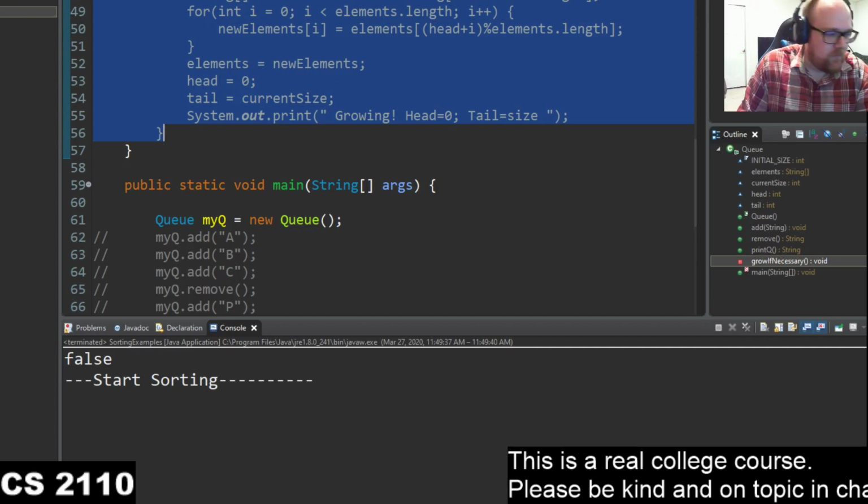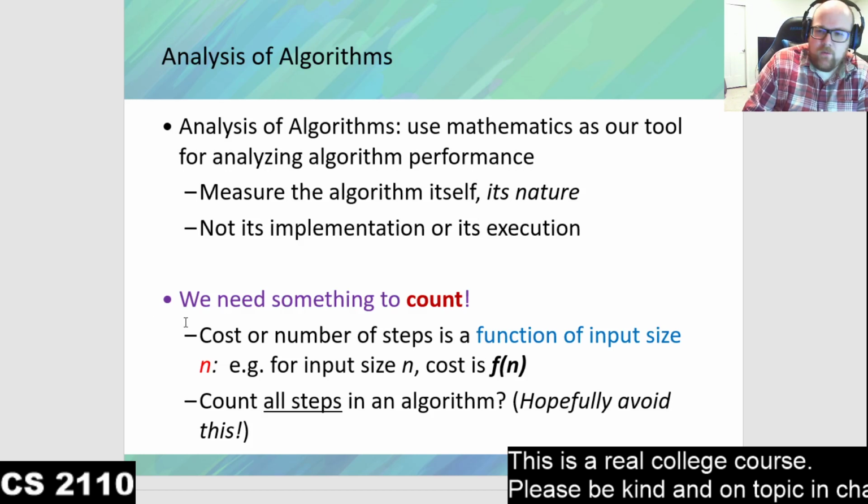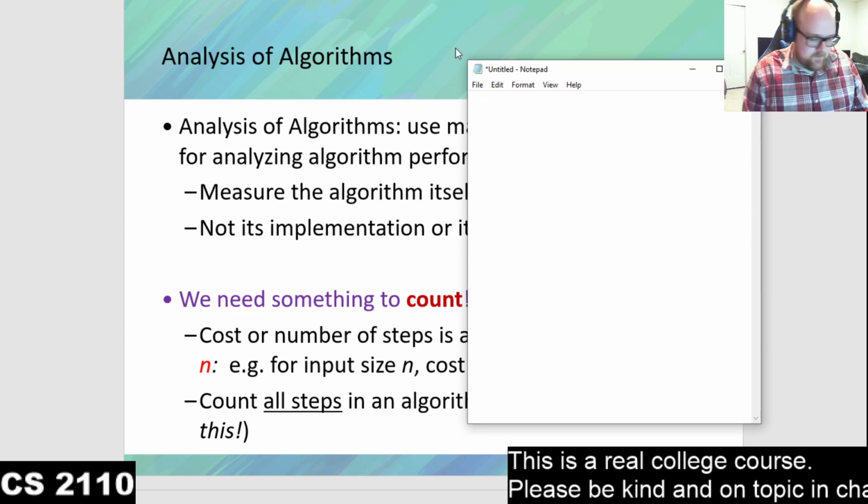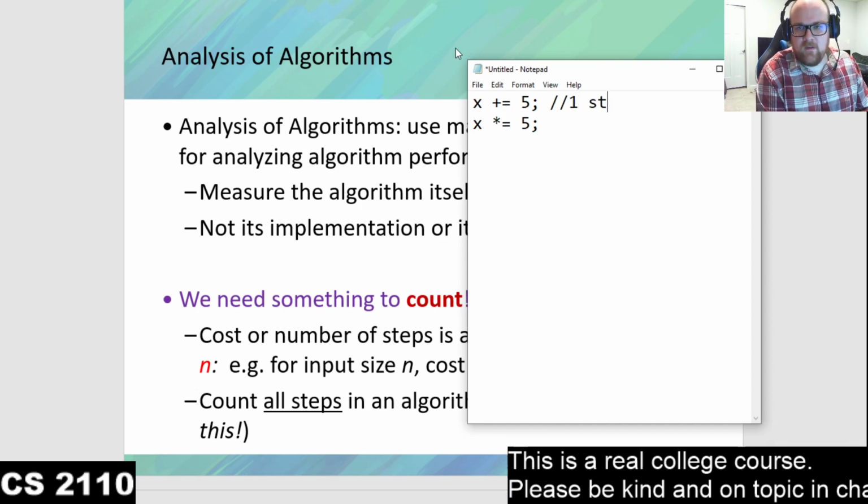So the idea here is, again, we're looking at it and we're counting the number of steps. The number of steps is not actually a precise number, because here's the thing. This x plus equals 5 and this x times equals 5, we would count both of these at a high level as one step.